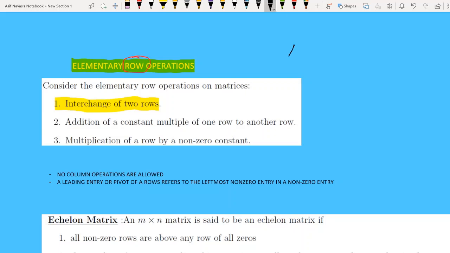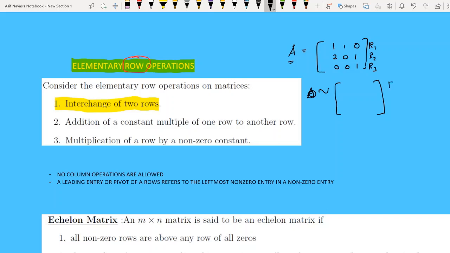If you have a matrix A equal to 1 1 0, 2 0 1, 0 0 1, this is a matrix A. Then this is row equivalent to, we can interchange any two rows. So this is R1, row 2 and this is R3, row 3.